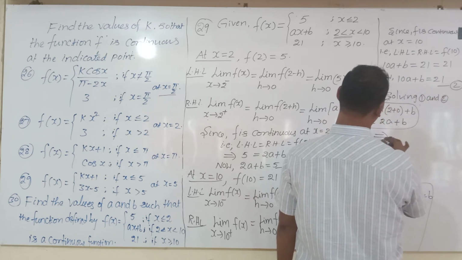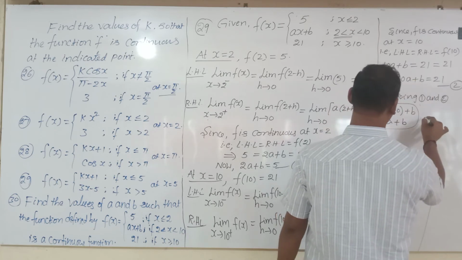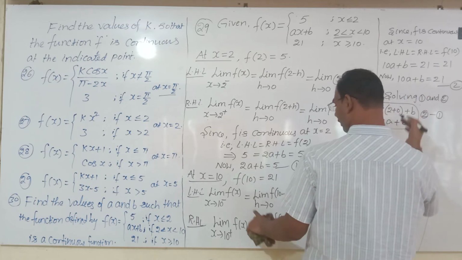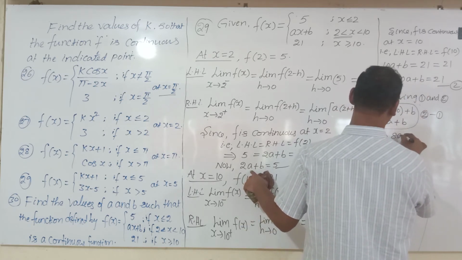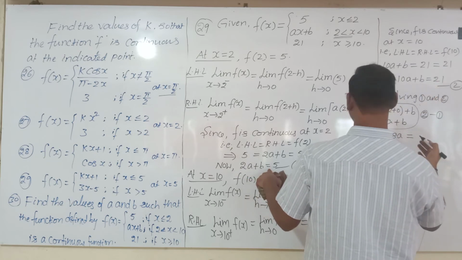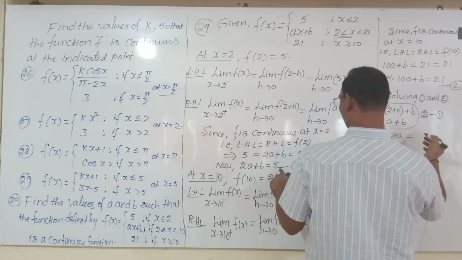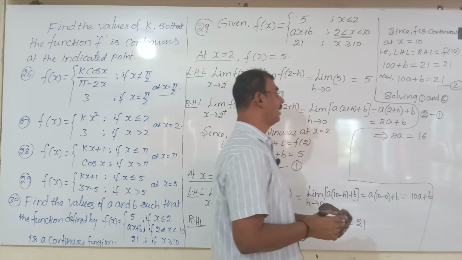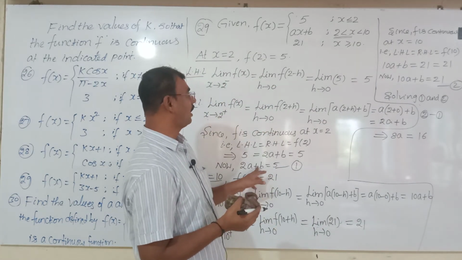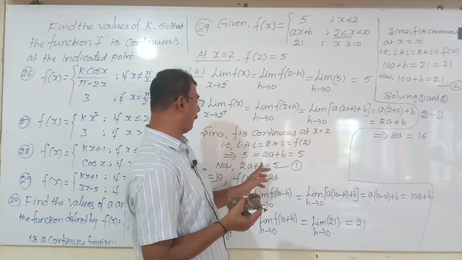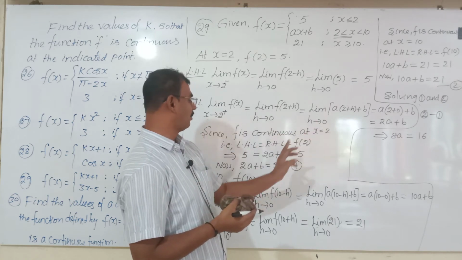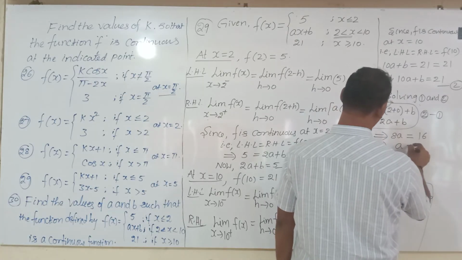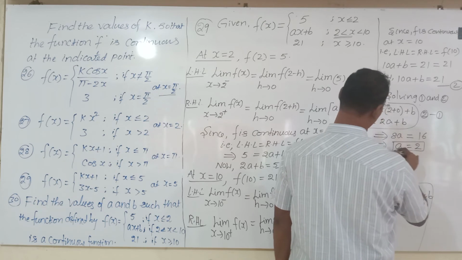So what is the value we get? Observe, equation 2 minus equation 1. That implies 10a minus 2a, that is 8a, plus b minus b cancelled, 21 minus 5, that is 16. 8a is equal to 16. a is equal to what? 2.